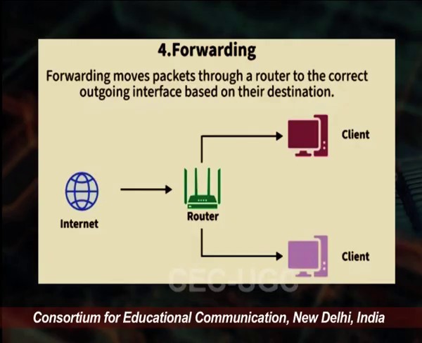So, who is going to do this and how is it done? On the basis of the destination address which is attached to the payload, these packets are moved through a router to the correct outgoing interface, whether it is going to B or whether it is going to A.